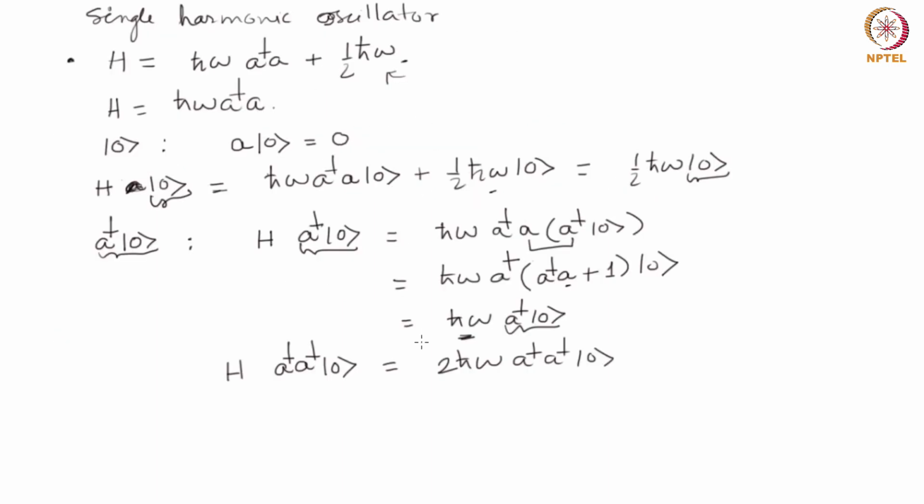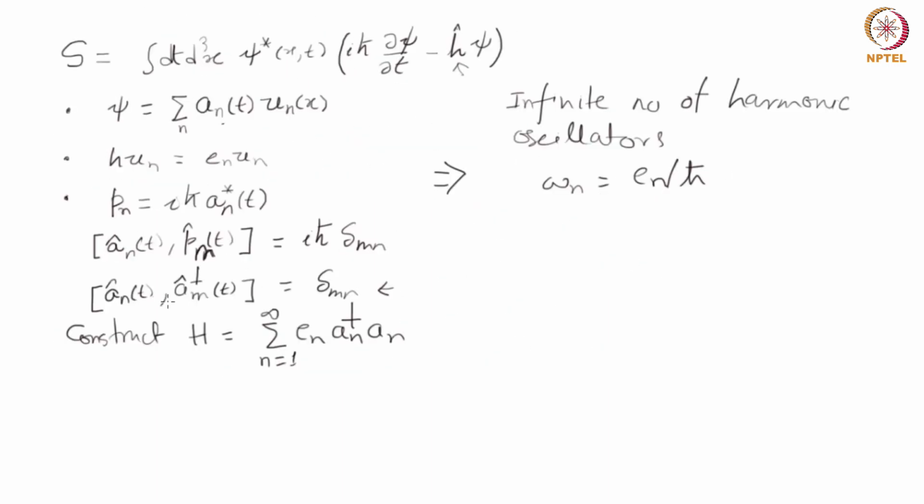So this is saying that A and A dagger commute if they belong to different oscillators. If N and M are different, you get a 0 here, so they commute. The only issue is when they belong to the same oscillator, the index M and N, then only they do not commute, and the A's and A daggers anyway commute.